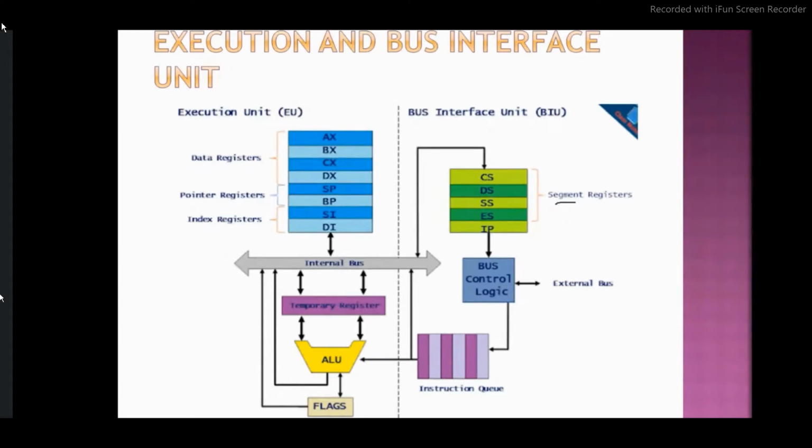The responsibility of controlling the entire bus traffic going on inside the microprocessor is the task of this bus control logic. It is also connected to the external bus. Pay attention to the arrowheads.